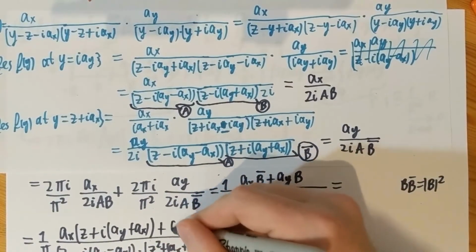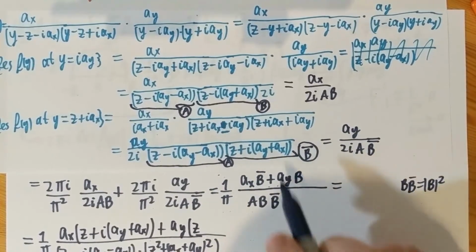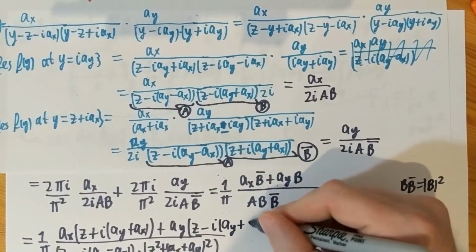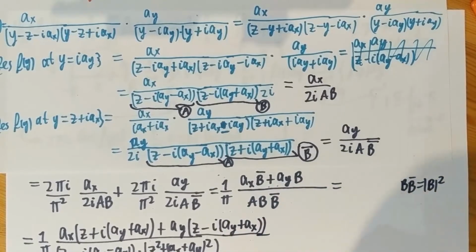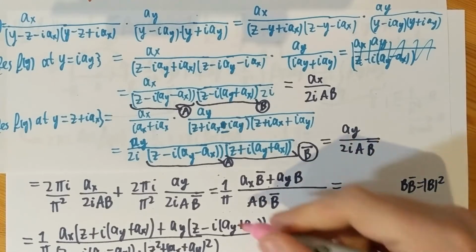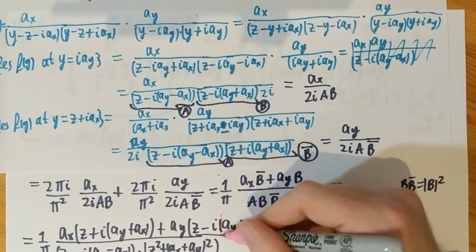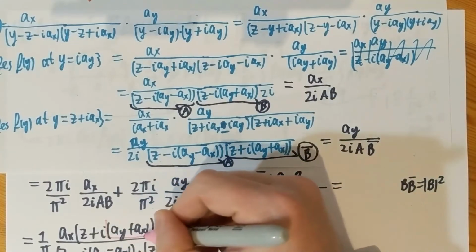And I have to add ay times b, which is z, and b is there, minus i ay plus ax. This is what I have. And now the thing to notice is that I can factor out an ax plus ay from here and from there.